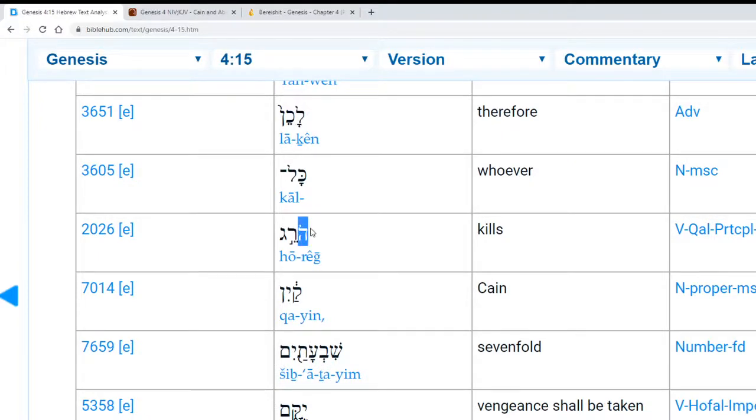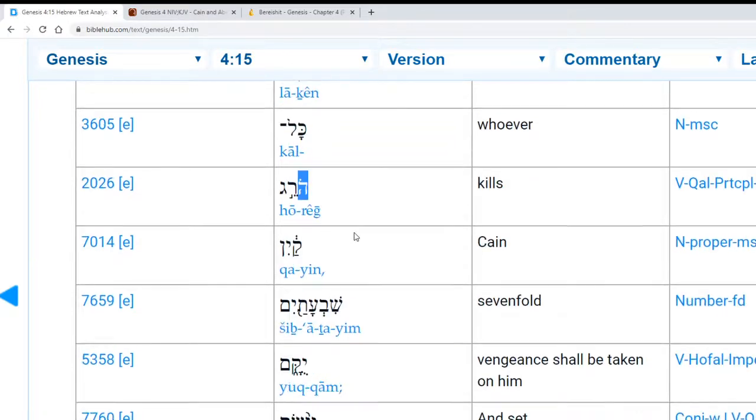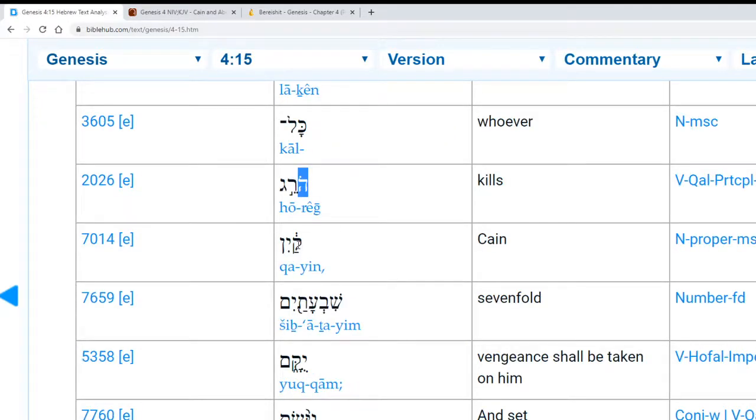So same root, we had hey resh gimel, horeg, whoever kills, kain, right? And it's talking to Cain, but God, I guess, is announcing shiv'atayim, right? So sheva, shin bet ayin is 7. Shiv'atayim, so this is a way that we say in Hebrew fold, times, right?